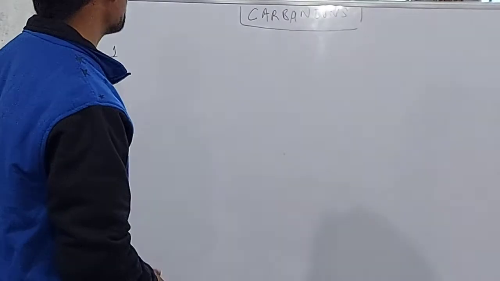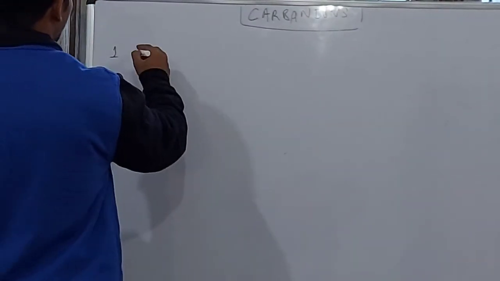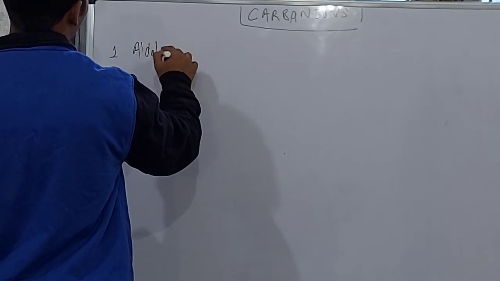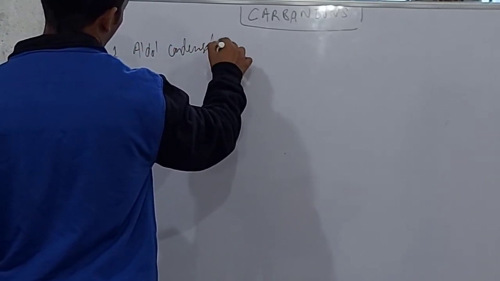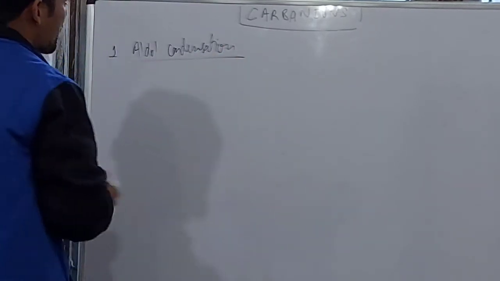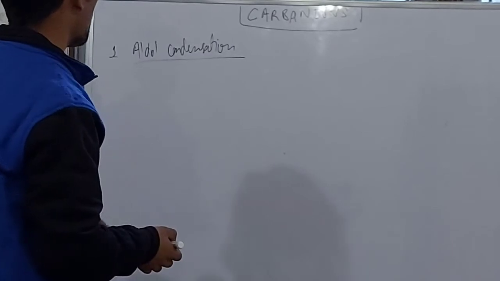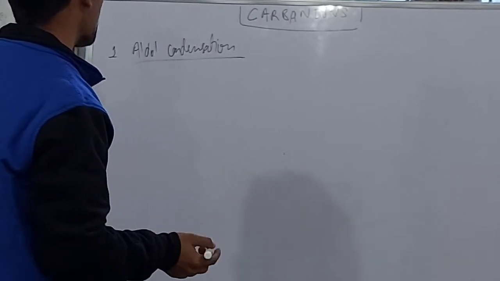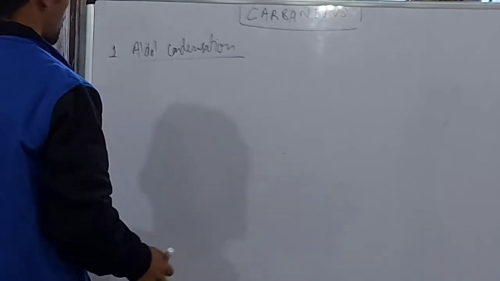Now we will talk about some reactions involving carbanions, and one of those reactions is aldol condensation. In this reaction, there is a reaction of an aldehyde or ketone in the presence of acid or base to give us a beta hydroxy carbonyl compound.